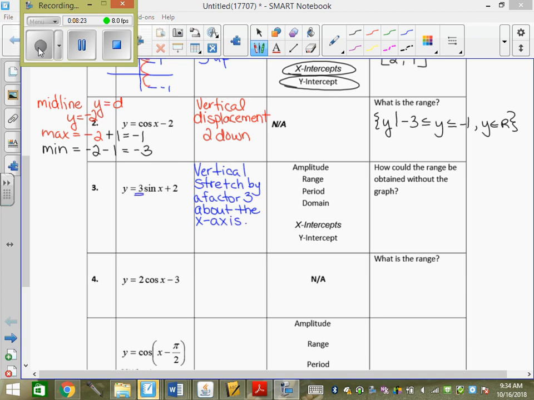Our amplitude. So what changed? Our amplitude. Right? It's normally what? 1. If it's not, it changed. So our vertical stretch obviously changed our amplitude because it pulls the graph wider vertically or narrower, which stretches the amplitude. Yeah? Okay, and then we have a vertical displacement.